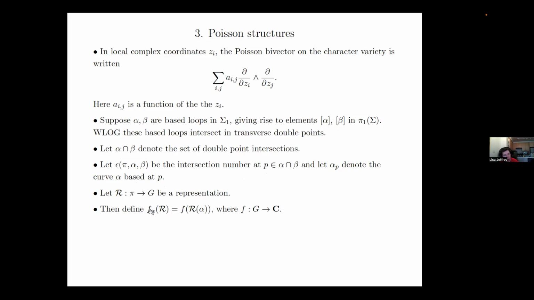We'll denote F sub alpha of R as the function F evaluated at the value of the representation on the loop alpha.